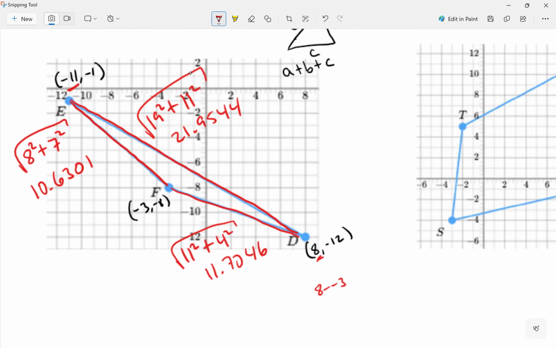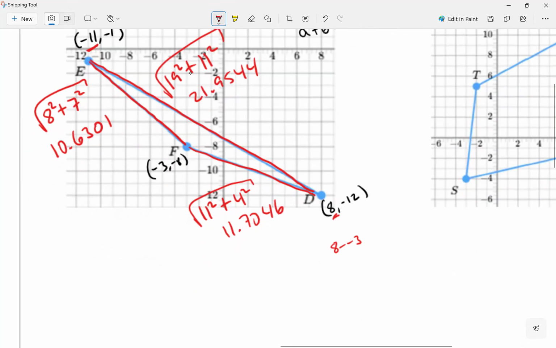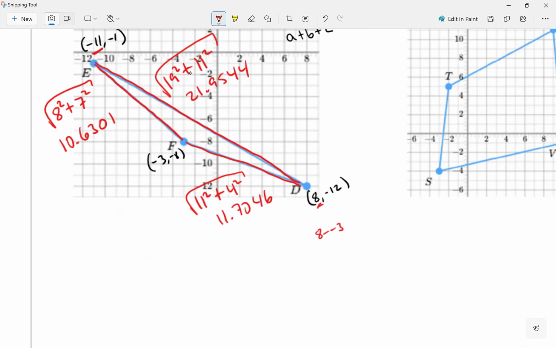Okay, so my perimeter, I'm gonna go 10.6301 plus 11.7046 plus 21.9544. I'm gonna grab my calculator here. I'm not showing it, but I'm actually using a calculator.